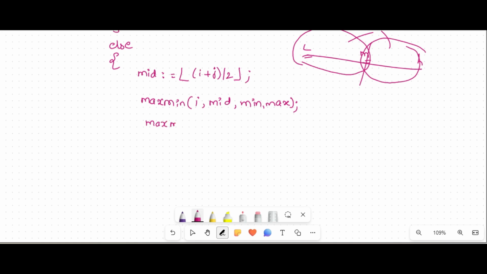Now recursively call the right sub-array: mid plus 1 comma j, comma, other than this, min max I am taking as min2, max2. Here there is no need to write i, because low and mid are completed.